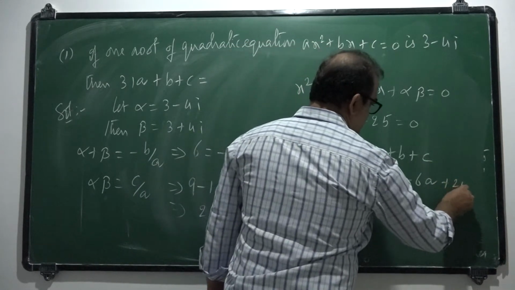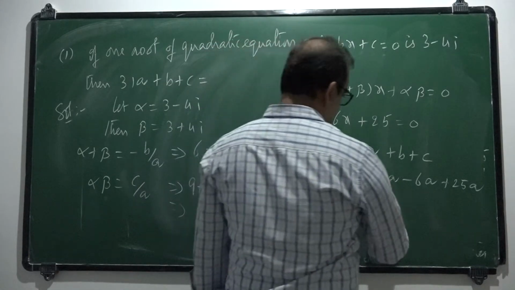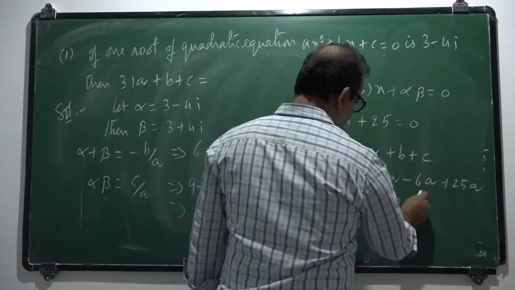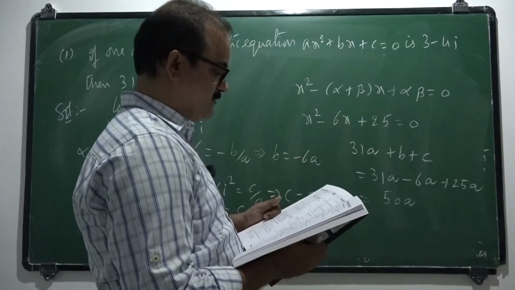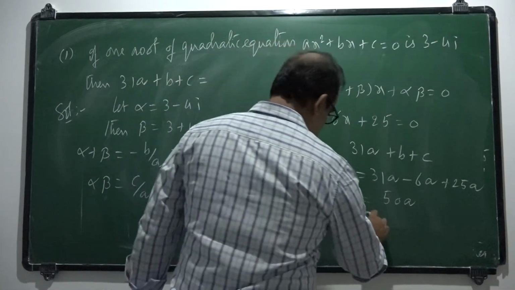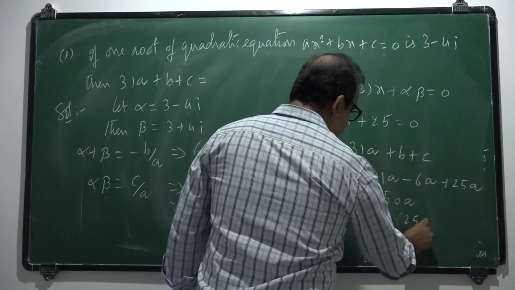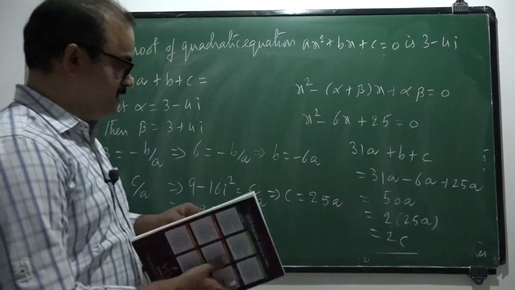Plus 25a. 31 minus 6, 25 plus 25, that is 50a. But the options are in terms of c. This is taken as 2 into 25a, that is 2 into c. That is the right option.